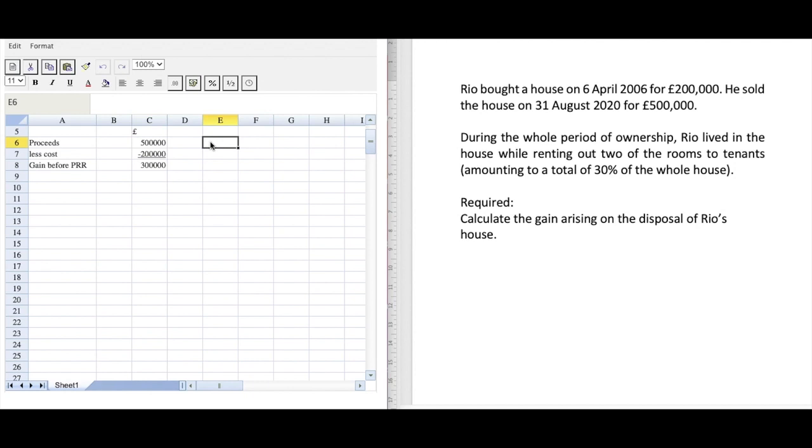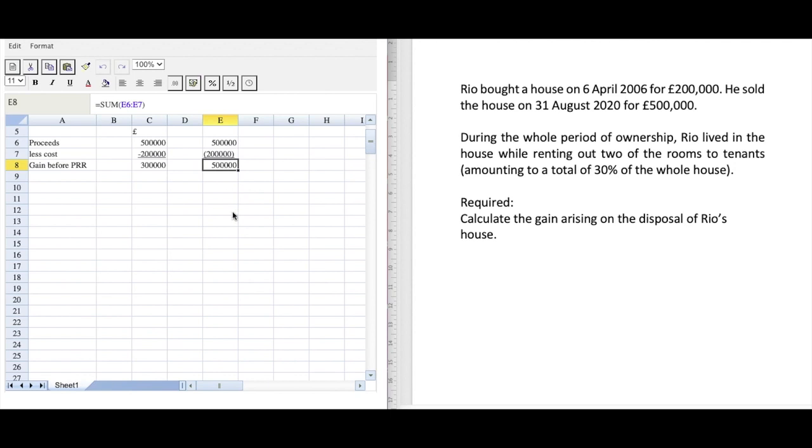But if I was to do 500,000 and I had to put in 200,000 and then I did the same sum, what we find is it doesn't work.